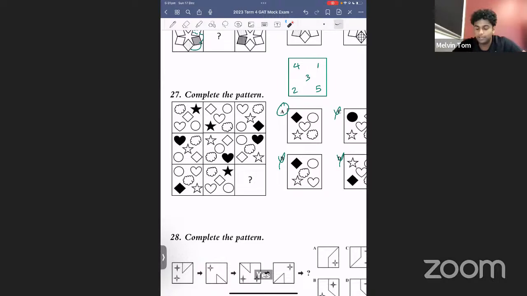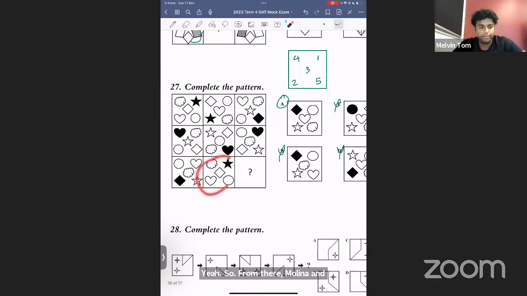So from there, Melina and Sia, basically you look at this middle image. And we know that this last box should be followed from this image, right? So let's look at the different shapes, starting off with the square. The square is in the 3rd position here. From there, it should go to the 4th position, correct? Another way to look at it is this image is the exact same as this image.